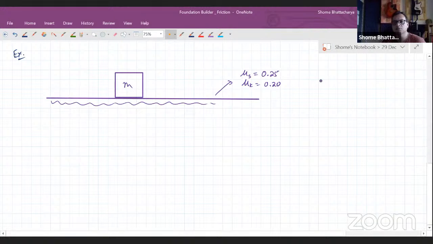Now, also given the mass of the block is, suppose, 10 kg, the weight is 100 newtons because we'll take g as 10 meters per second square. Now, the block is initially at rest.